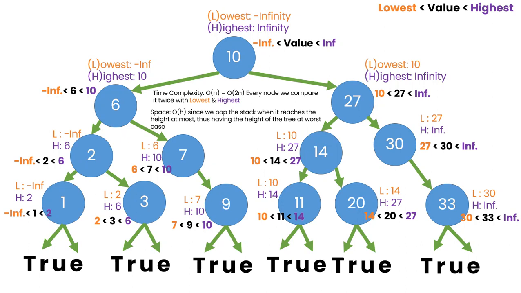But in the normal case it's going to be O of h. At worst case, it's going to be O of h. So that's it for our algorithm, and those are the time complexity and space complexity.